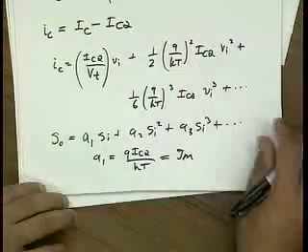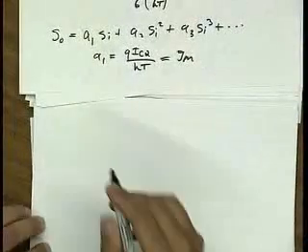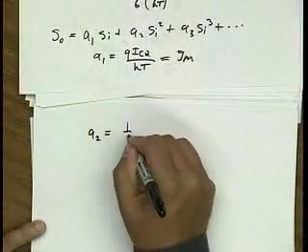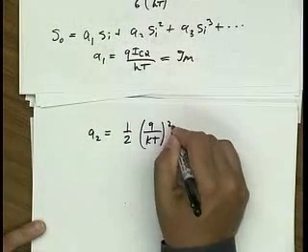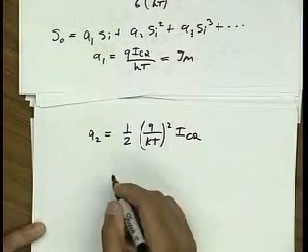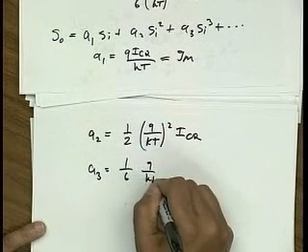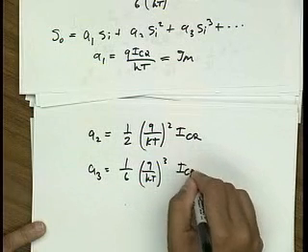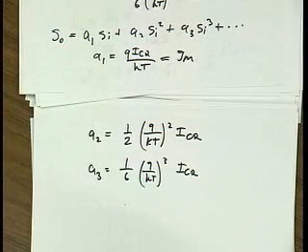Now things are a little more messy. But it's not too bad, it's just a power series. So A2, which we found is 1/2 (Q over KT) squared times ICQ, and we found that A3 is 1/6 (Q over KT) cubed ICQ. Okay. Any questions?